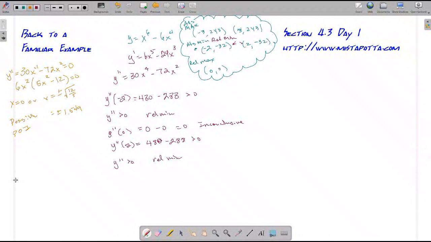So what I need to do is take a look at this number line that we were just talking about and take a look at what's happening to my concavity at these places. So obviously something's happening at 0. Obviously something's happening at this positive root 12 fifths and at this negative root 12 fifths.